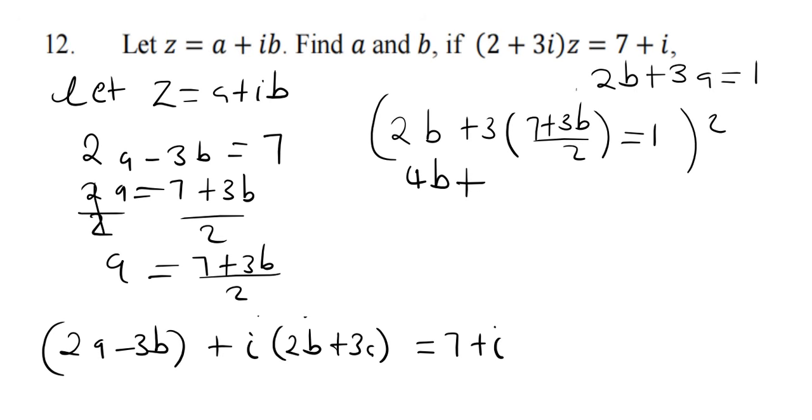So 3 multiplied by 7 is 21, plus 3 multiplied by 3b, I'm going to have 9b. This will be equals to 2.